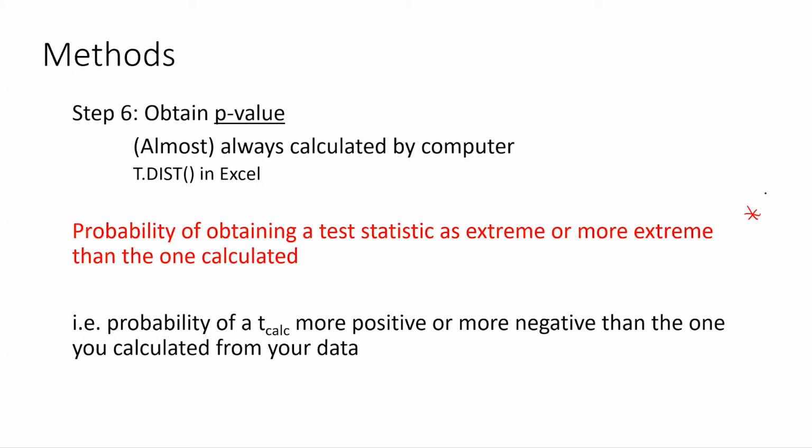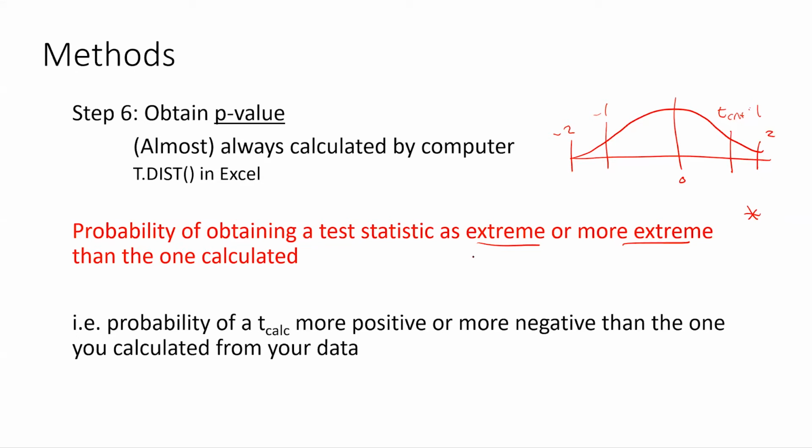So as extreme or more extreme, what we're referring to is this extreme kind of allows us to talk about both positive and negative ends. So if our t-calc is here, or t-crit is equal to, let's say, 1 and -1, a more extreme value just means more standard deviations away from the mean. So -2 would be more extreme. +2 would also be more extreme.